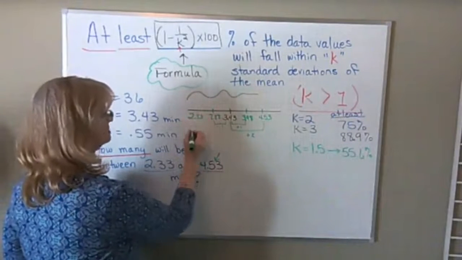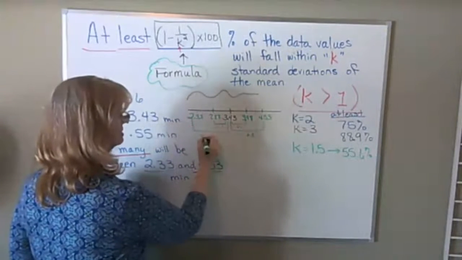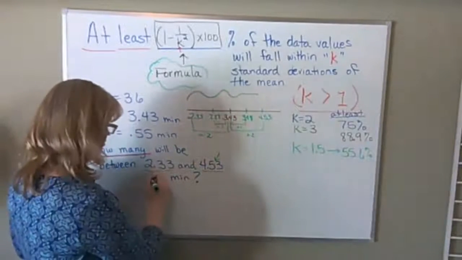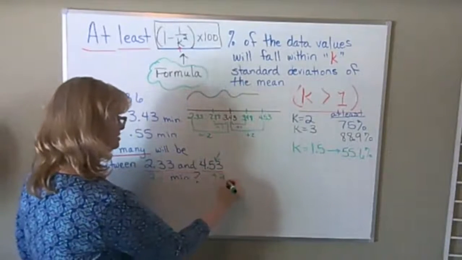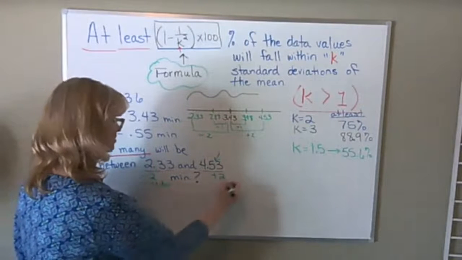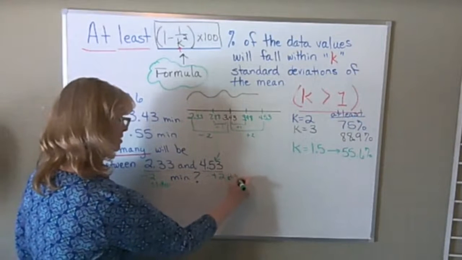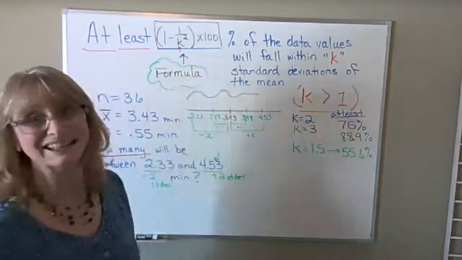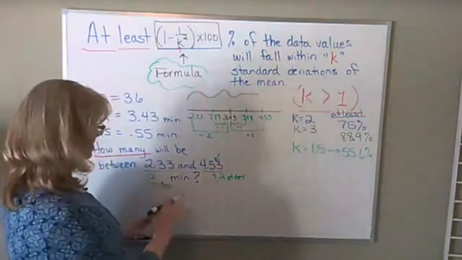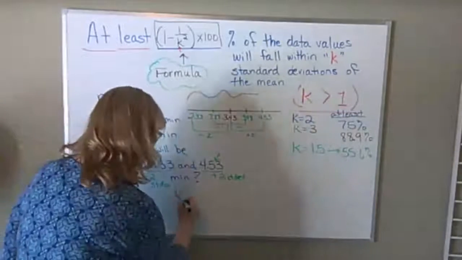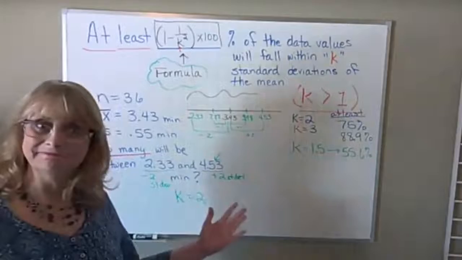Well, that worked out nice. So this number is minus 2, and this one's plus 2 standard deviations. Sorry, it's a little messy. So that means what we're really saying is that we want K to be 2.